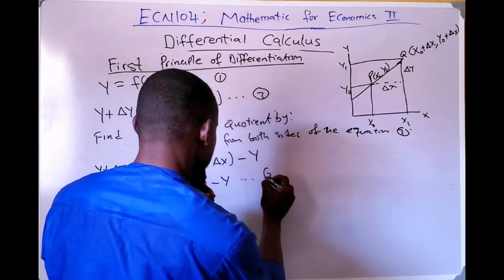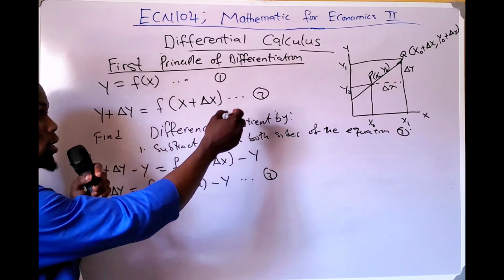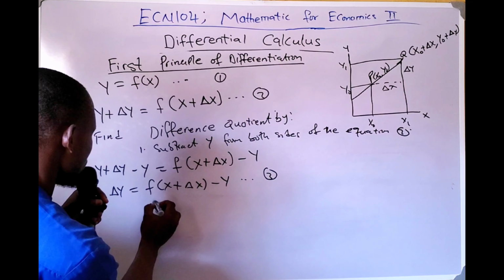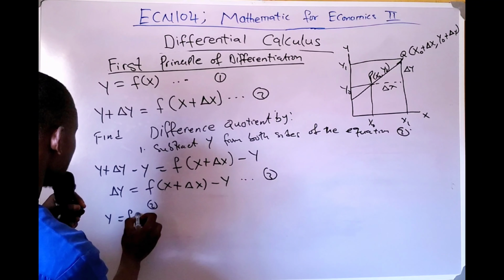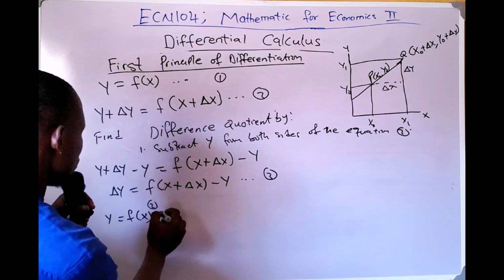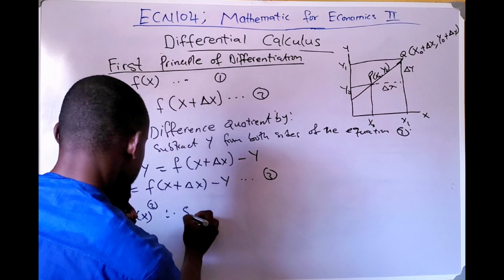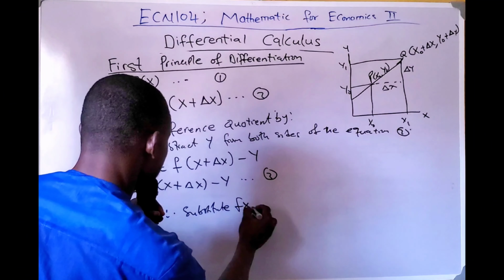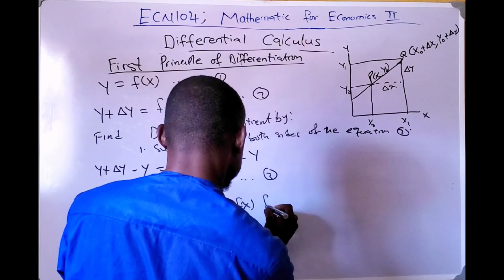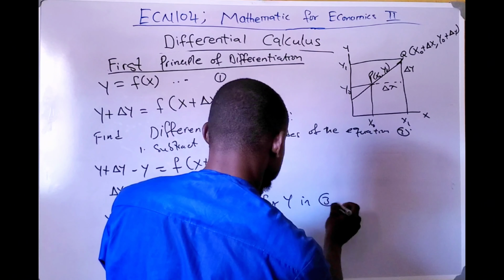Name this equation 3. Now to still find the difference quotient, let's recall that y equals f of x. So therefore, substitute f of x for y in equation 3.